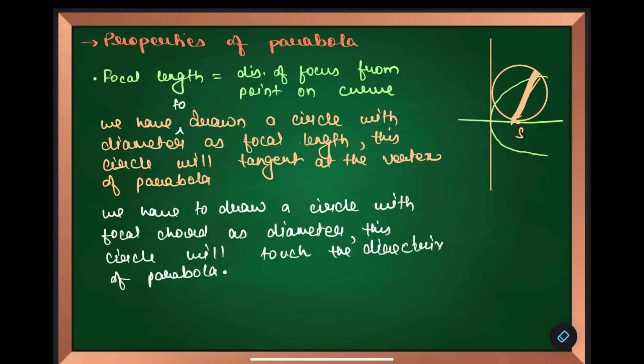So if you have a circle whose diameter is the focal length, this circle will touch the tangent at the vertex. If you have a circle whose diameter is the focal chord, then this circle will touch the directrix. I hope this property is clear now.